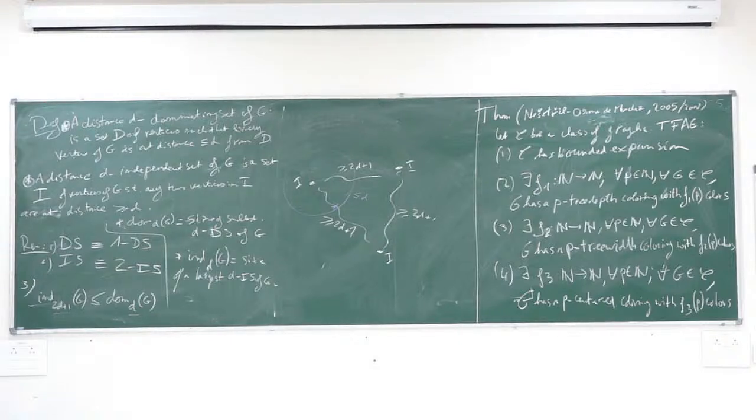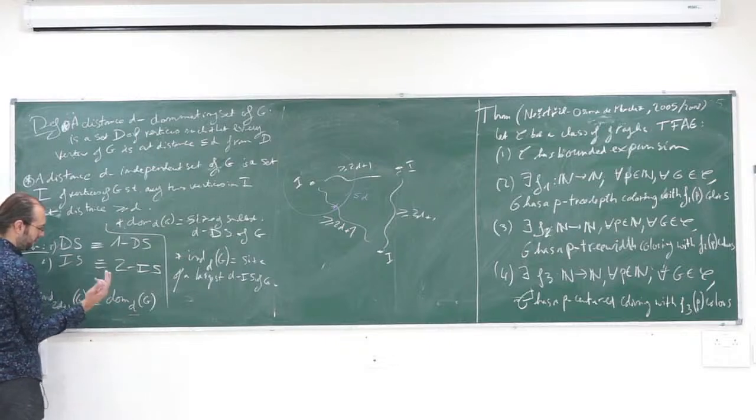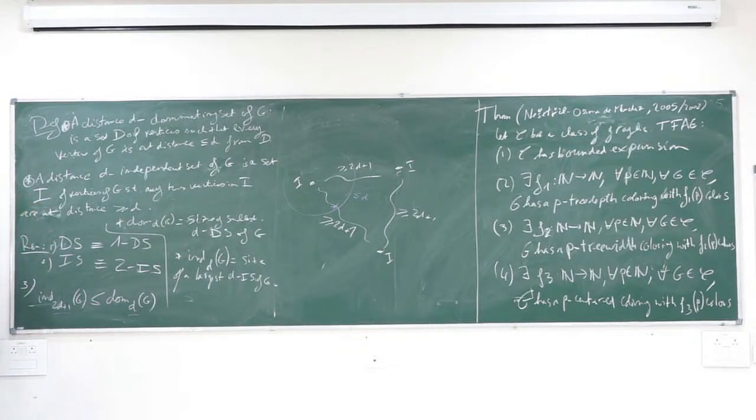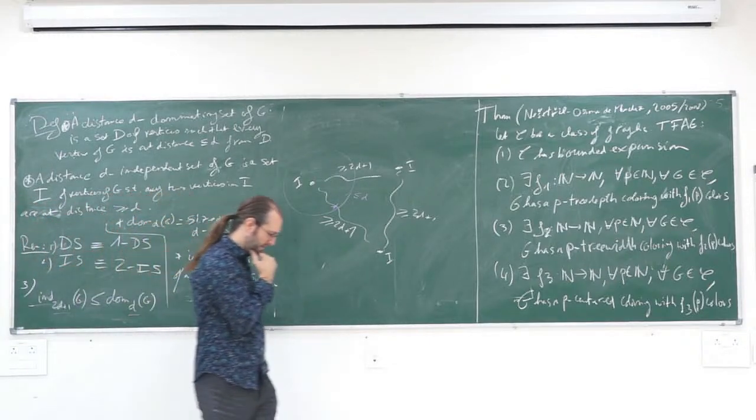So if you take a dominating set, the normal dominating sets, it's at least the size of an independent set at distance 3, which is sometimes called packing. I think somebody talked about this, no?